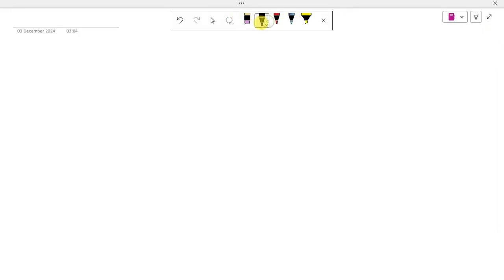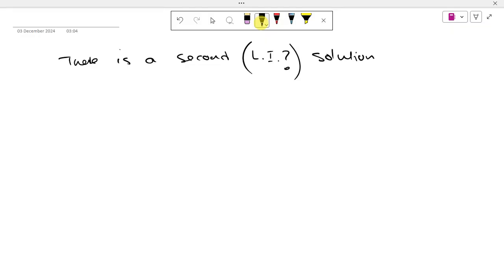So I'll just write down, there is a second, I suppose you could say linearly independent, although with it being a non-linear ordinary differential equation, I'm not sure you could call each solution linearly independent. I would assume they are in this case, but they're not always bound to be, as I understand.